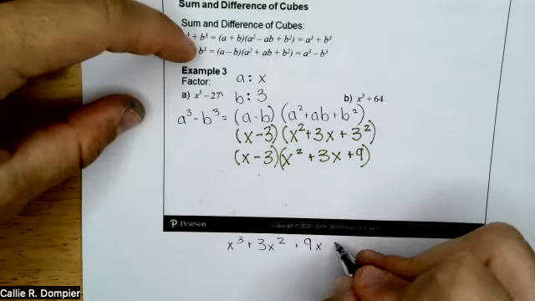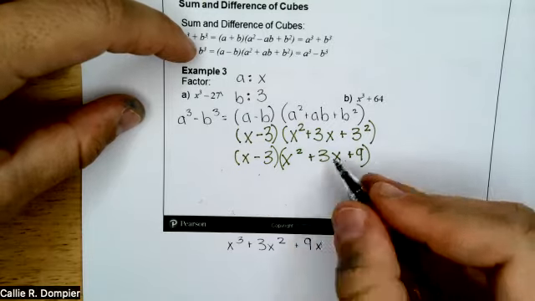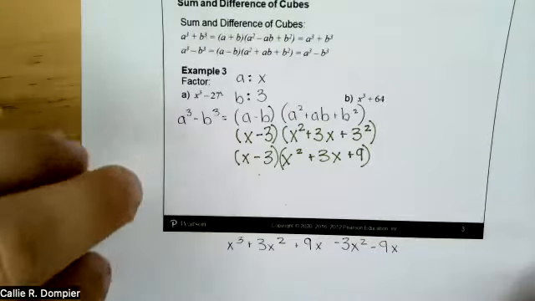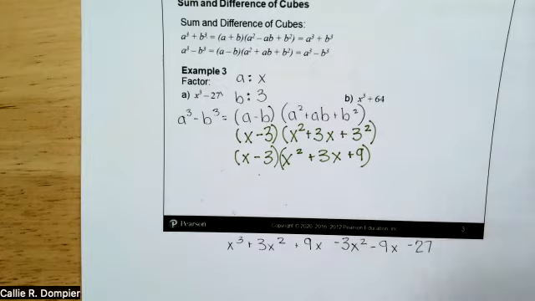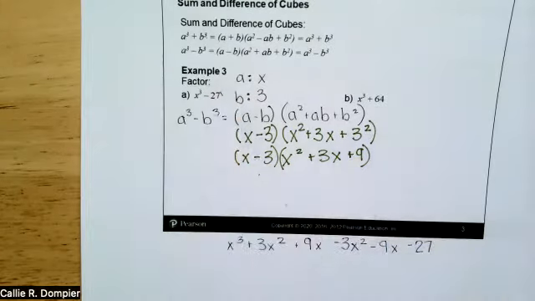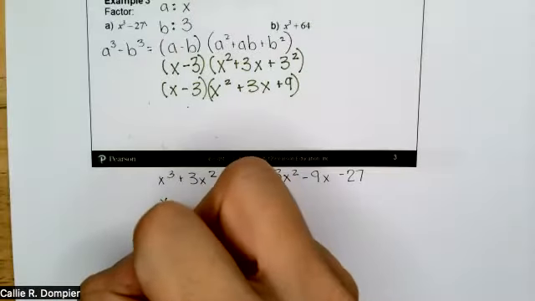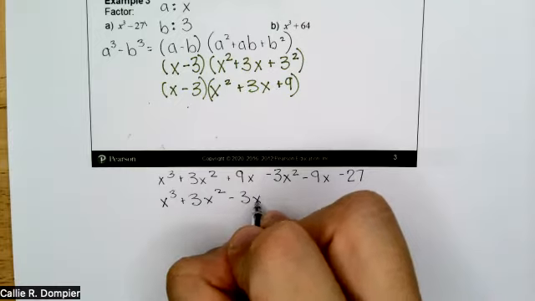Now the negative 3x squared. Negative 3 times a positive 3 is a negative 9x. And then negative 3 times a positive 9 we know is a negative 27, because 3 times 3 is 9, 9 times 3 is 27. Now I put them in descending order of the exponent. So x cubed plus 3x squared minus 3x squared.